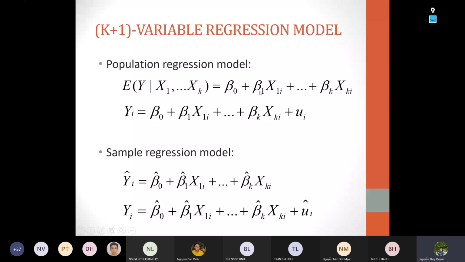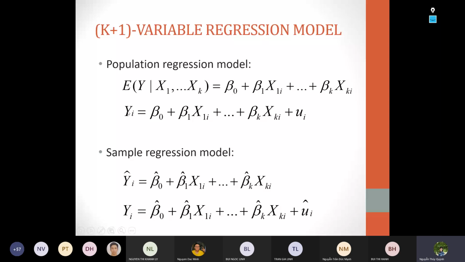We have k slopes, beta 1, beta 2, beta 3, up to beta k, associated with the k independent variables, and beta 0 is the intercept, so this model has k plus 1 parameters.